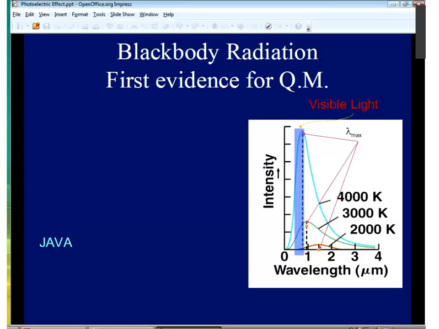You are looking at a graph which is plotted for the light that comes out from a hot object. The temperature can be 2000 Kelvin or 3000 Kelvin or 4000 Kelvin.